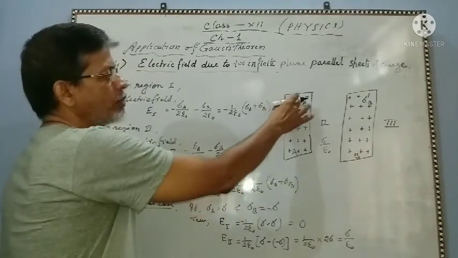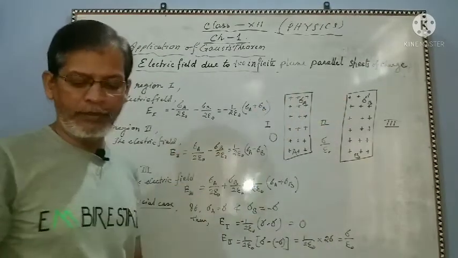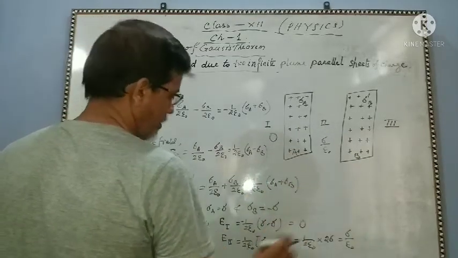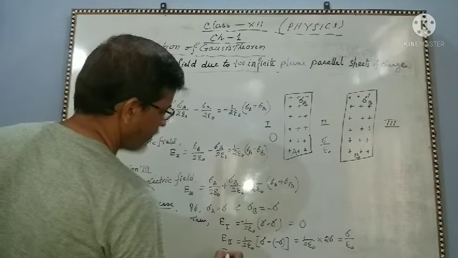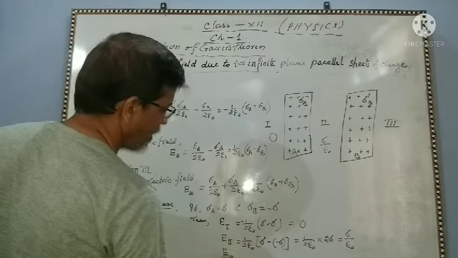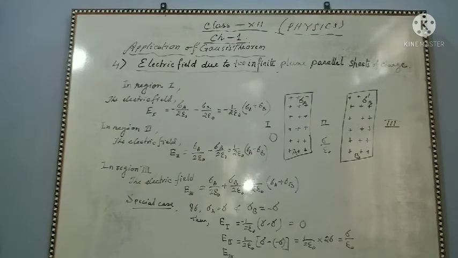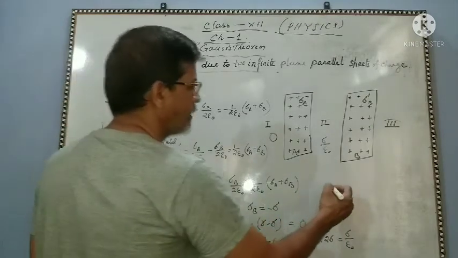If this is positive, this is negative. And what will E3 be?